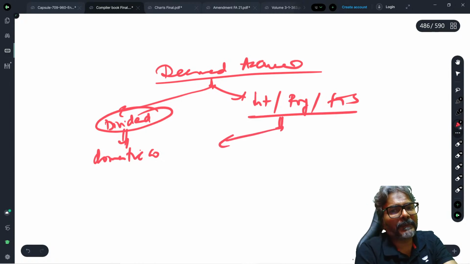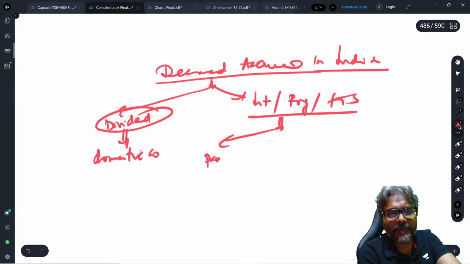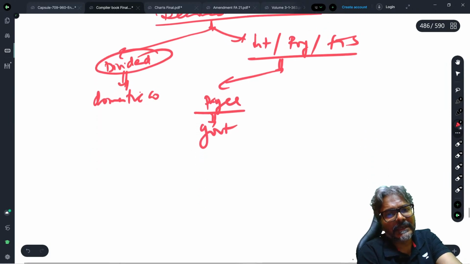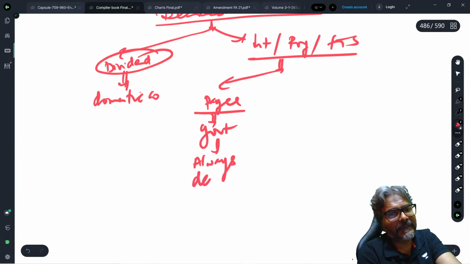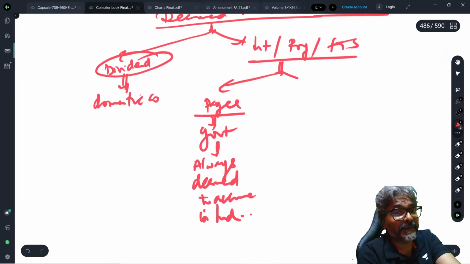So if the payer is a government, then it is always deemed to accrue in India. Always deemed to have accrued in India. That is the point, if the payer is government for interest, royalty and FTS.